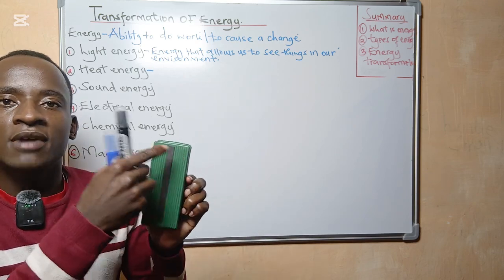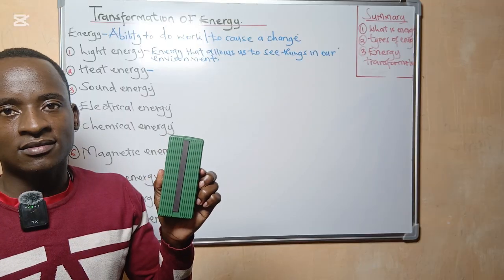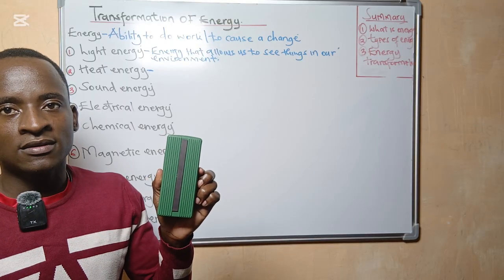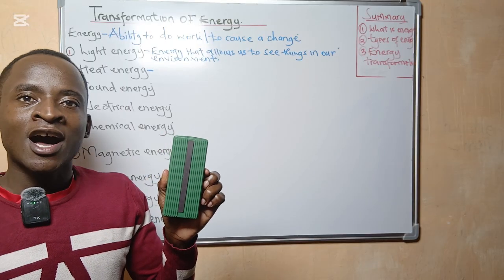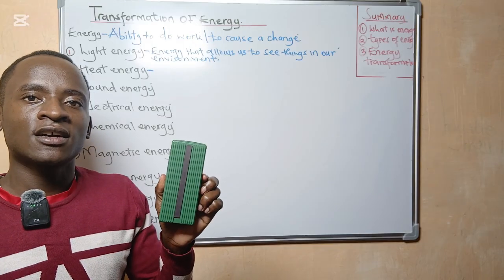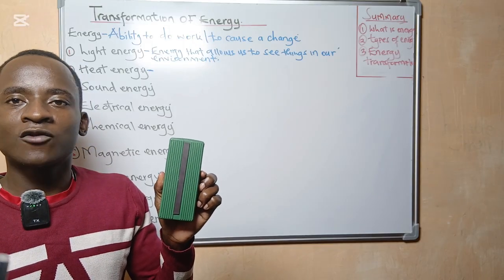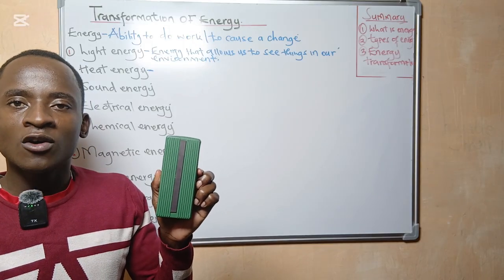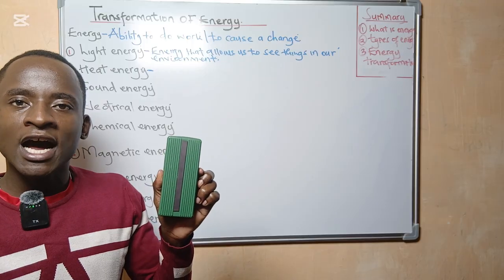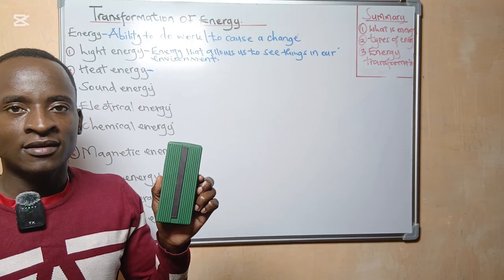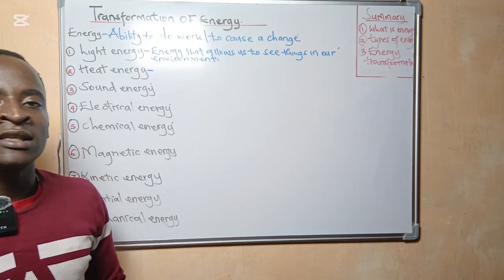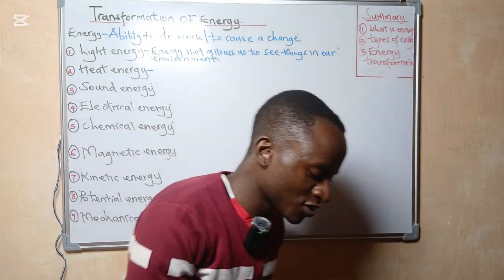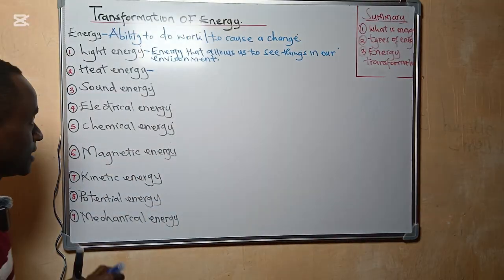This is what we mean by heat, right? Now, what do you understand by the word temperature? The temperature is the degree of hotness or coldness of an object or a place. So a form of energy a body has because of its temperature, that is heat energy.